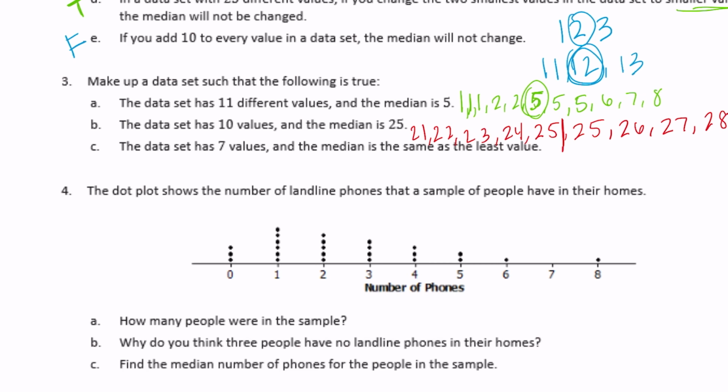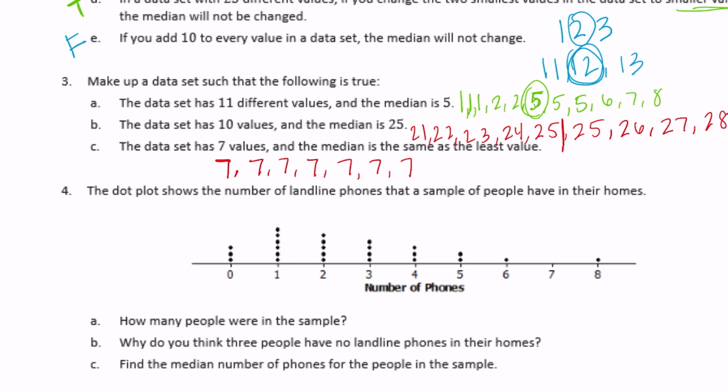And C, the data set has 7 values and the median is the same as the least value. So what I'm going to do is if the median is the same as the least value, we could just do 7 values that are all the same. So we could do 7 sevens. 1, 2, 3, 4, 5, 6.